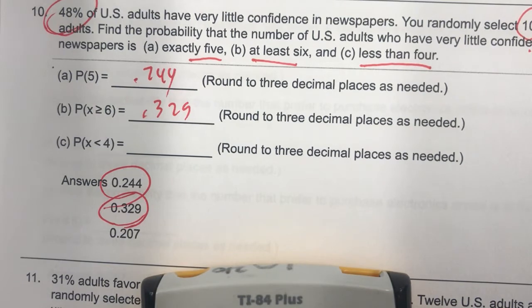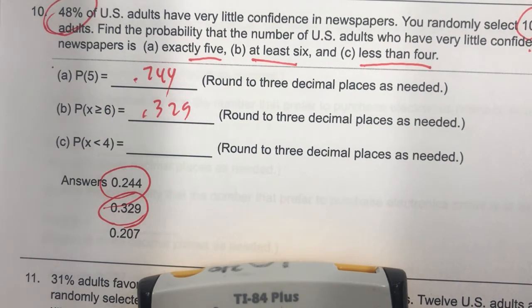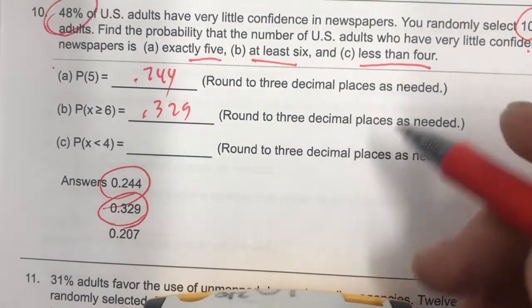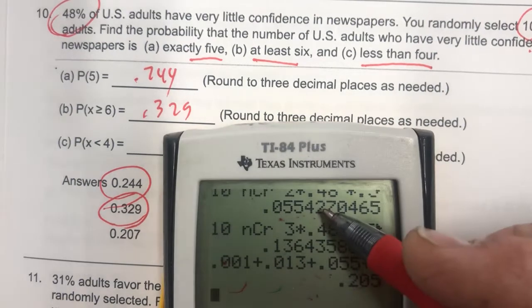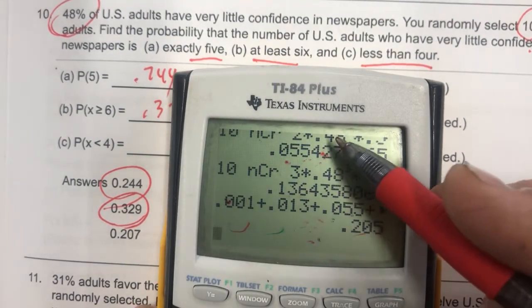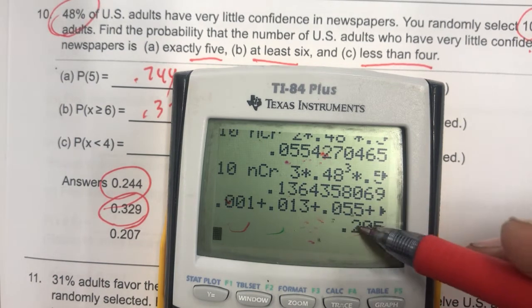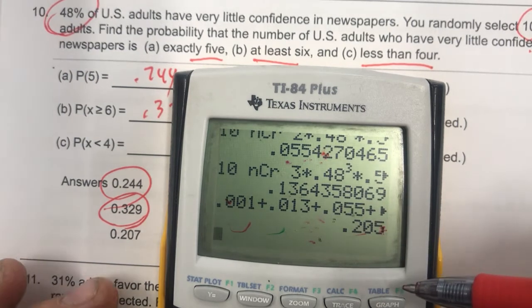Let's look at this again. Now, see here? I rounded these each time, and then it was off just a little bit. It may take 205.